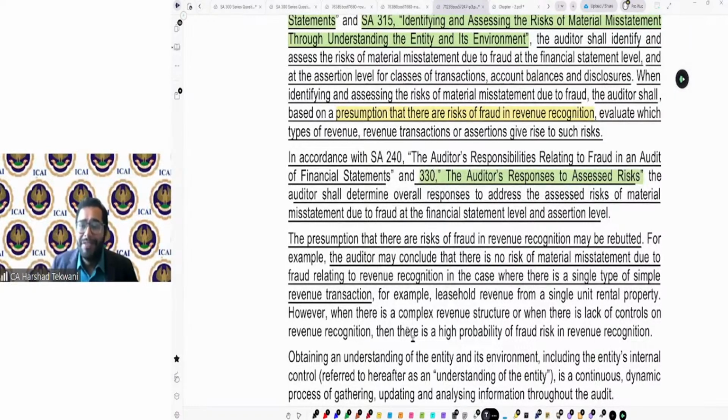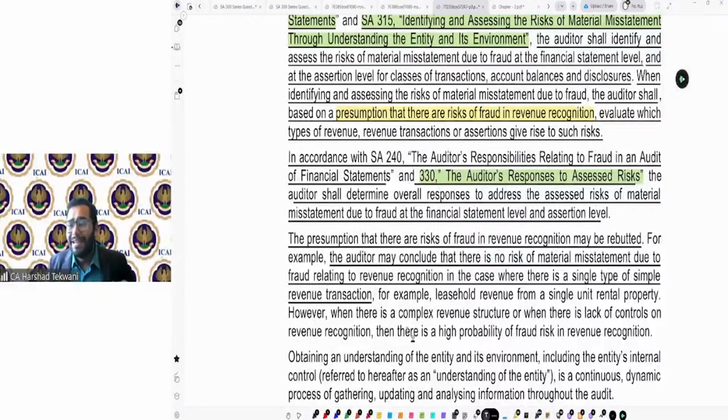You should have substantial evidence in your hand, reasons where you can say, okay, I think the risk of fraud is not there in the revenue recognition because the revenue is a simple, single type of revenue. That's it. There are no chances of fraud in revenue recognition.